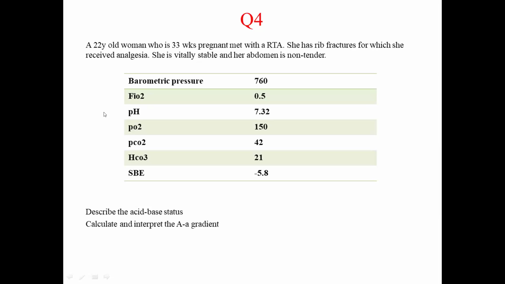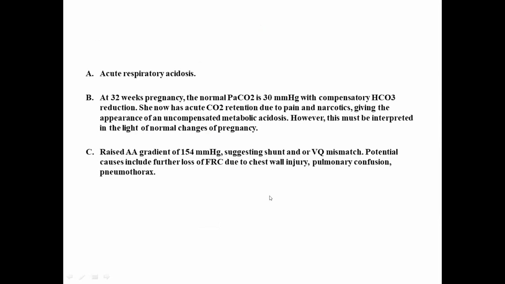So 5%, 12.5%, CO2, HCO3. So here it is acute respiratory acidosis. As the explanation has been given very nicely: at 32 weeks pregnancy, the normal PaCO2 is 30 with a compensatory bicarb reduction. Here she has acute CO2 retention due to pain and narcotics, giving the appearance of an uncompensated metabolic acidosis.